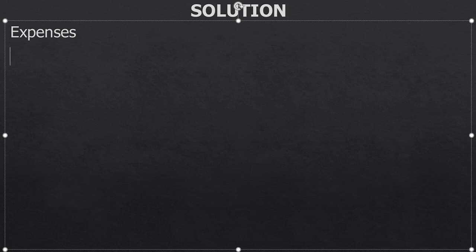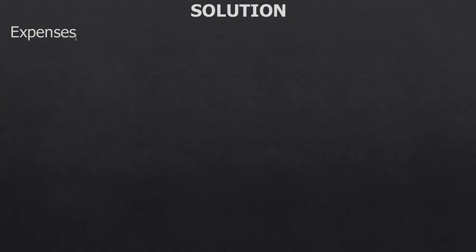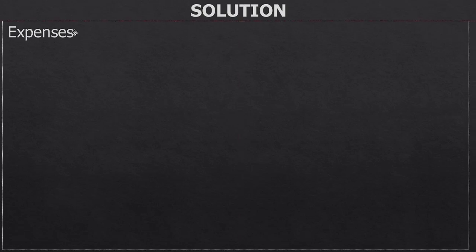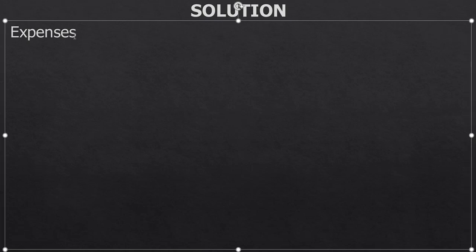From our question, the items of expenses we have are wages and salaries, selling expenses, loan interest, and other operating expenses. So I come here and report first wages and salaries.